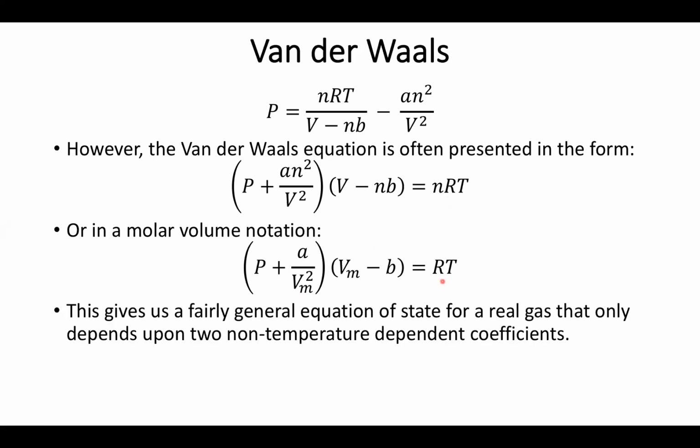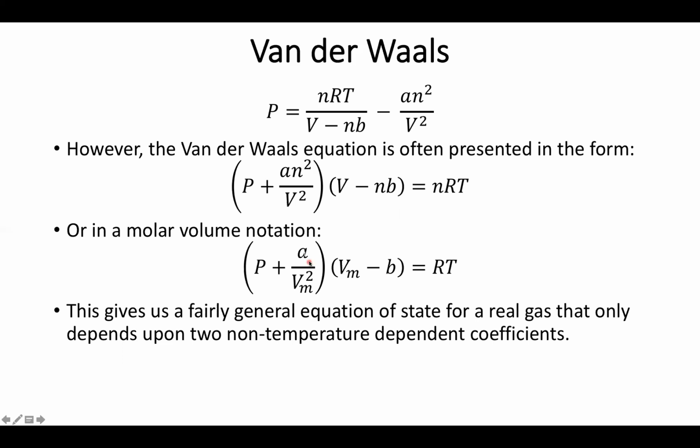So again, this is a nice, simple equational form that's going to be fairly general and relatively robust. So this does a very good job of describing real gas behavior, even under fairly extreme conditions. It also gives us several major improvements over our virial equation. The first of which is that I only need to use two parameters to describe an entire gas system, because these two parameters are not going to show any temperature dependence.